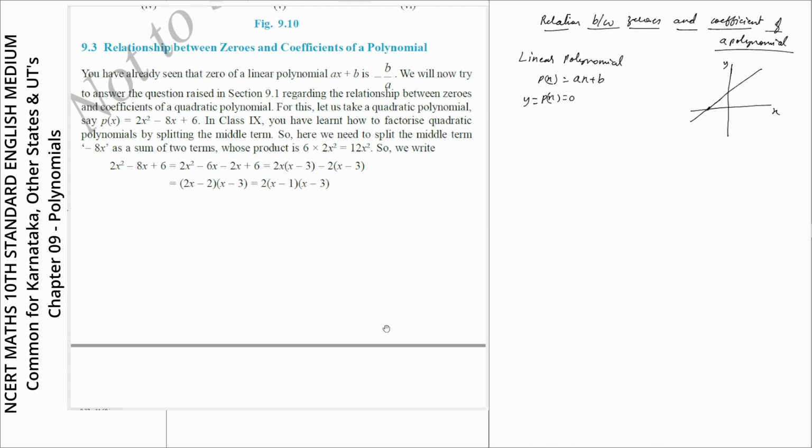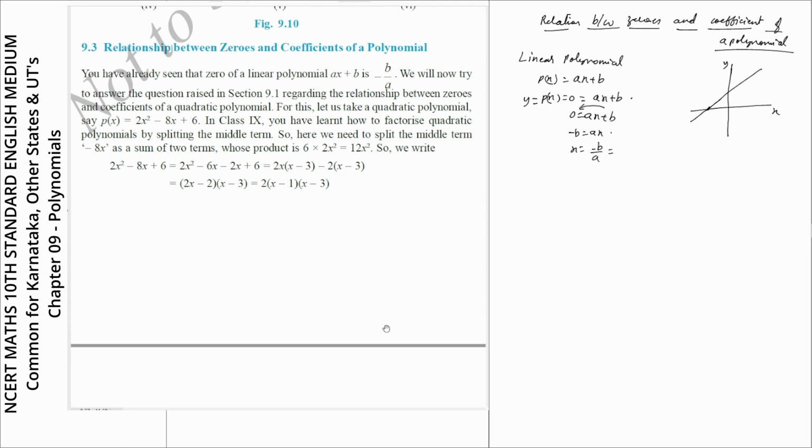So p of x is equal to 0, so I'll equate 0 to ax plus b. Now 0 is equal to ax plus b, I'll bring b to the left hand side, so minus b is equal to ax, or simply x is equal to minus b by a. What is minus b?